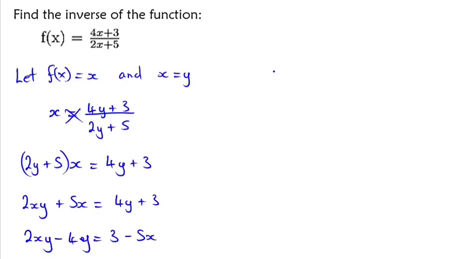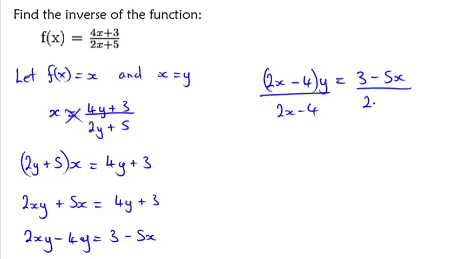So on the left hand side, if I factor out y, I'll remain with 2x minus 4. Remember, I factored out y. On the right hand side, I have 3 minus 5x. So I'll divide both sides by 2x minus 4, like that.